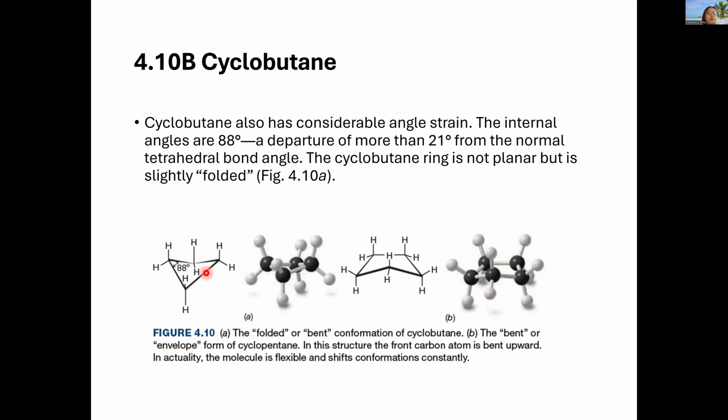You cannot expect your cyclobutane to be planar. It would tend to normalize because if it's planar, it will be very, very strained. So it would try to relieve that angle strain by assuming the optimal bond angle here. And this is the most stable conformation, the folded or the bent conformation of the cyclobutane.